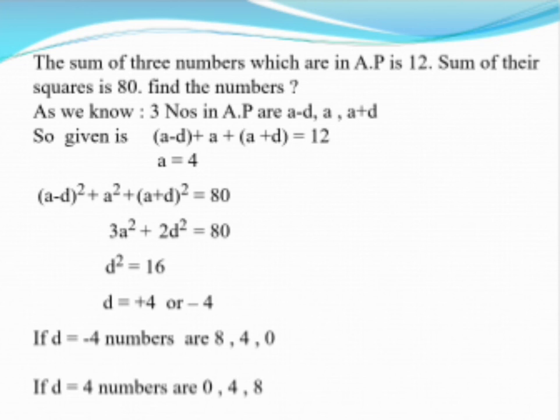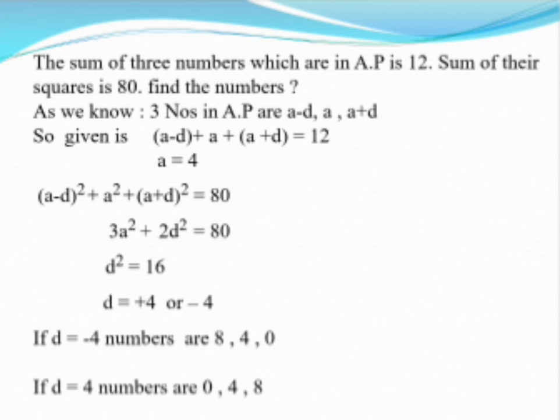Solving that equation, we get a equals 4. Now, the sum of their squares is 80. This means (a minus d) square plus a square plus (a plus d) square is equal to 80. Putting the value of a and solving it, we get d equals plus or minus 4.